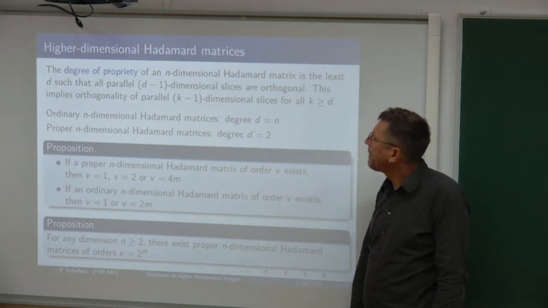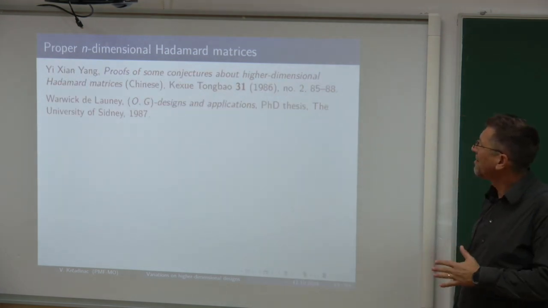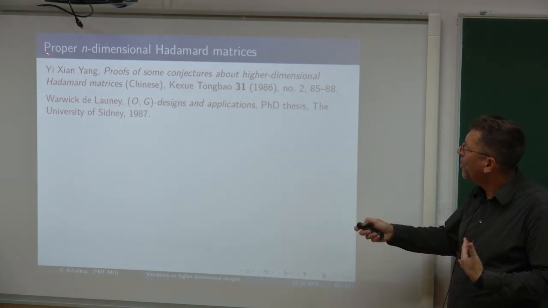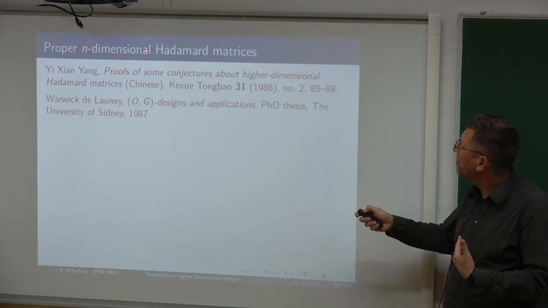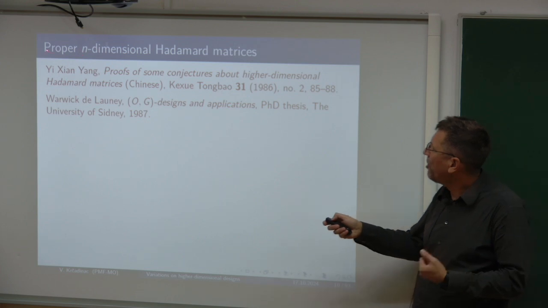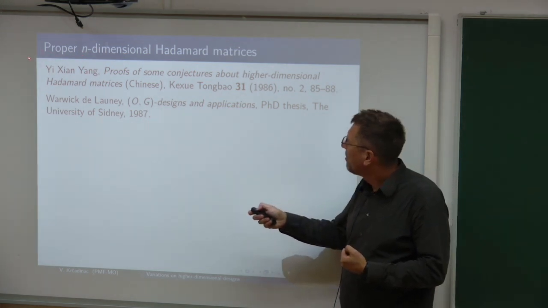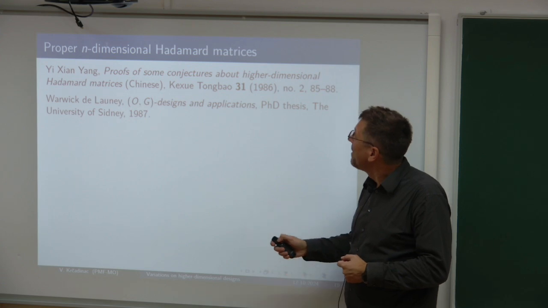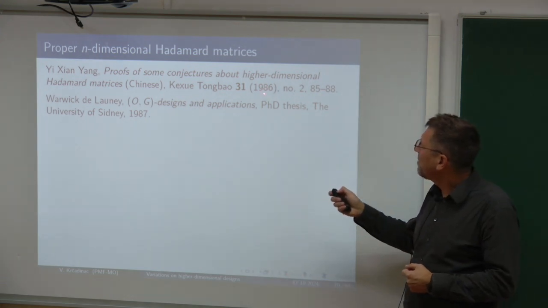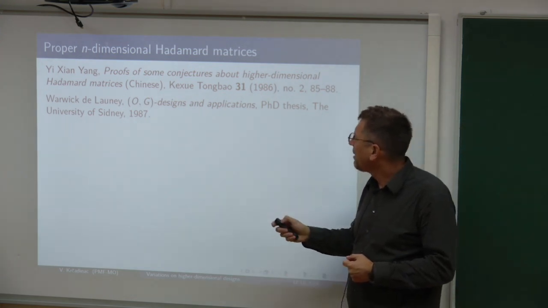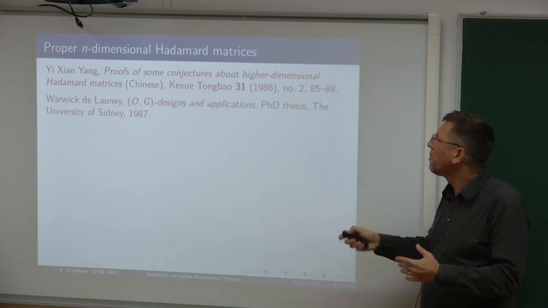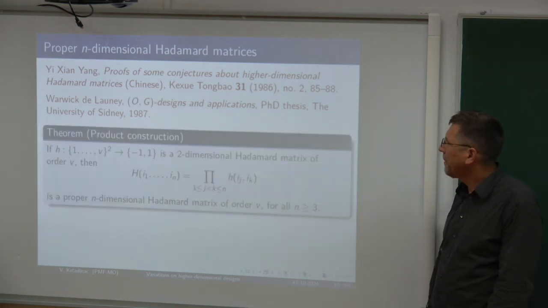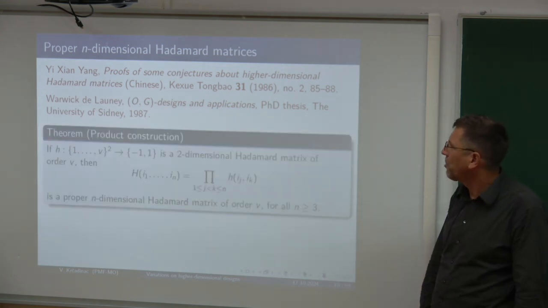And then the most important step for these proper n-dimensional matrices was by a Chinese mathematician, Yang Yi Xian, if it's pronounced that way, in the mid-80s, and also Alvaro Delaunay in his PhD thesis about the same time, who proved this theorem I'm going to call the product construction.